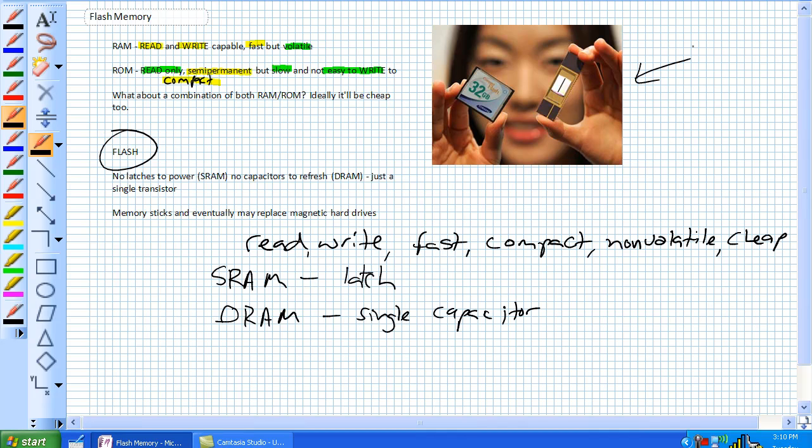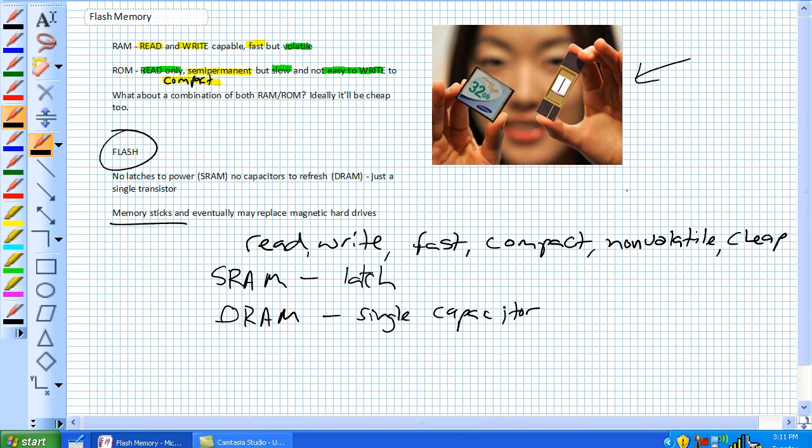And what this gal here is holding is a 32 gig flash card. You've all seen these before. The little USB memory sticks that everyone's constantly losing.